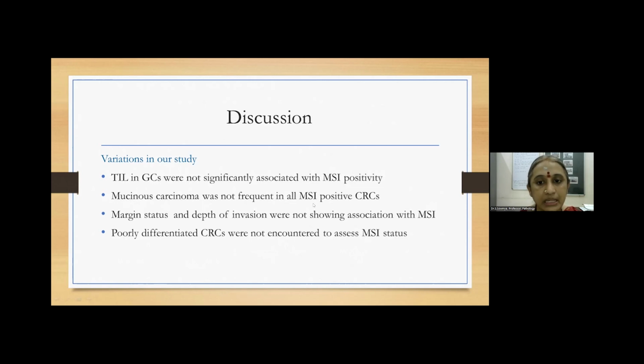We have also seen MSI positive cases in the villoglandular pattern. The margin status and the depth of invasion did not show any association with microsatellite instability status. And since we have not encountered any poorly differentiated carcinoma in this study group, we could not assess the status of microsatellite instability in this particular differentiation.